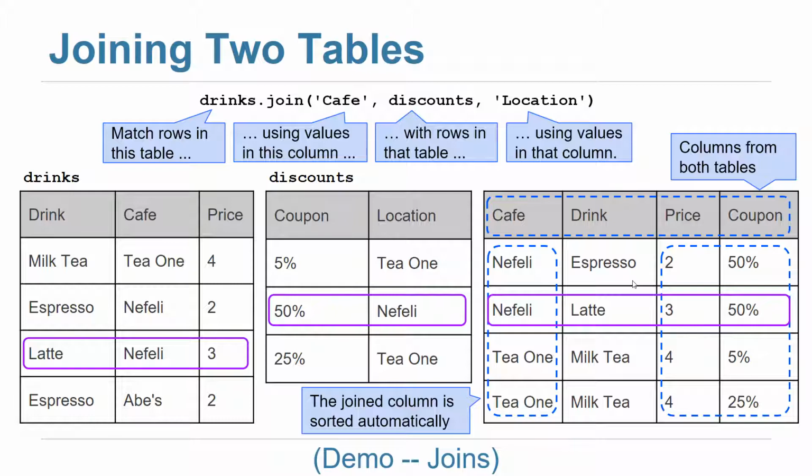Any other way we can do it without the apply function? Do you understand how we do it with the apply function? Any other ideas? Yes, we can take the coupon column, take 1 minus the percentage in the coupon column, and then multiply. So we do it by operations directly on the columns. Of course, we cannot do it directly on the columns of the tables. We have to extract them as arrays.